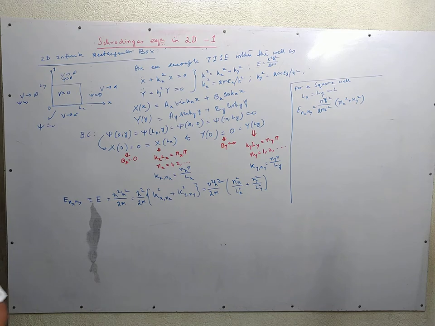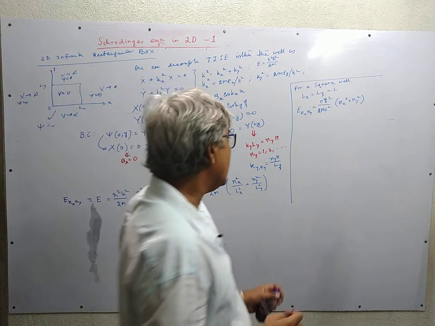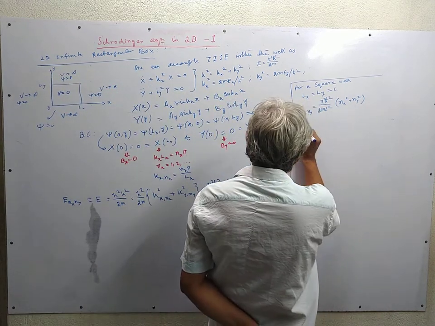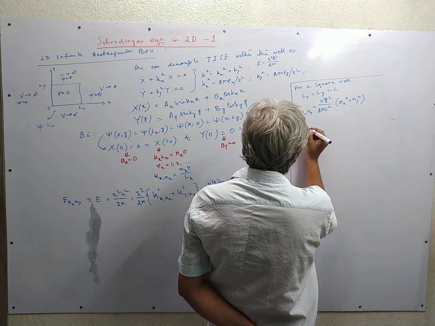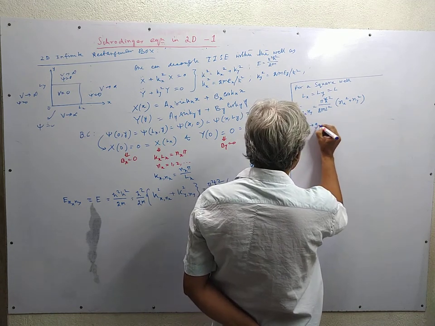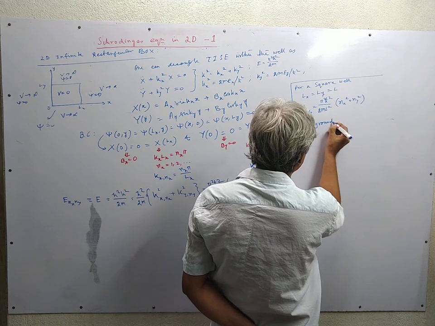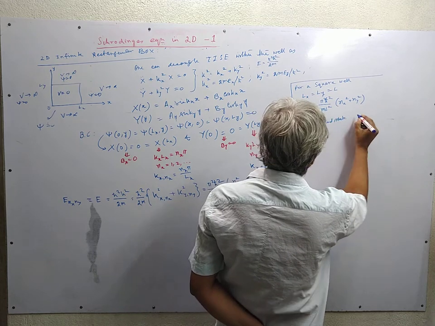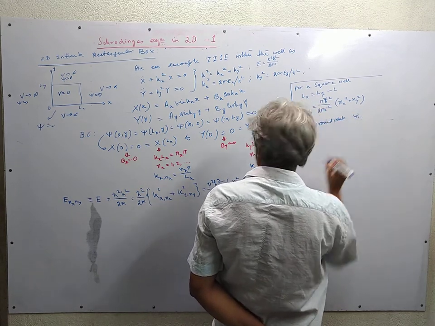We consider a state, say the ground state. E11 is the ground state, and the wave function is psi11.